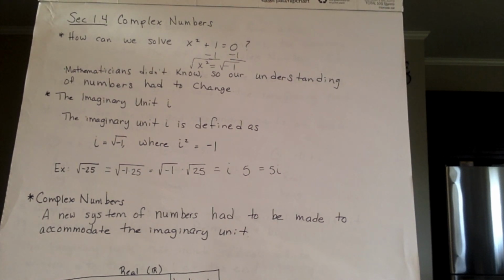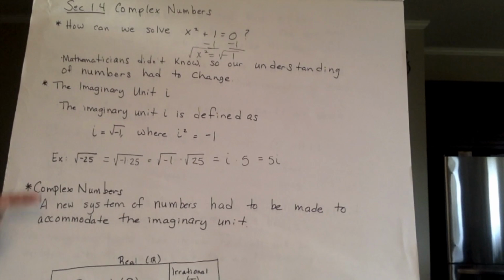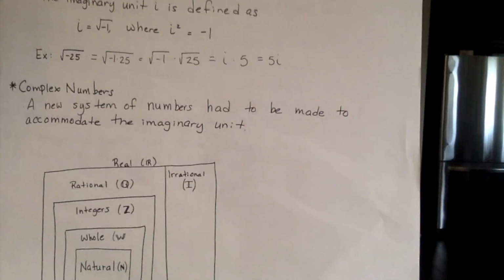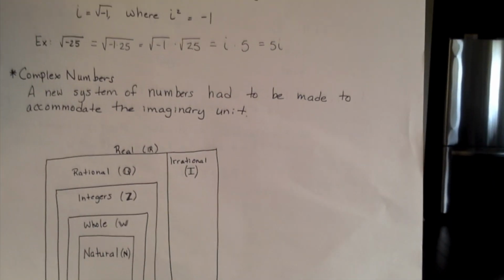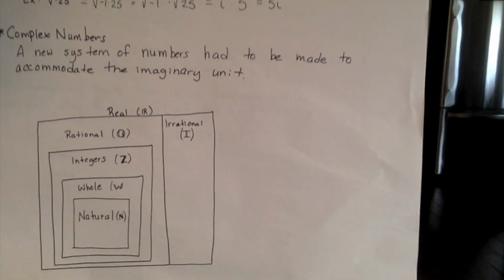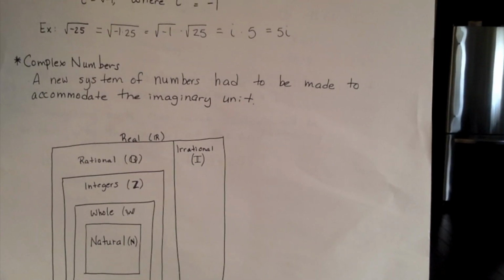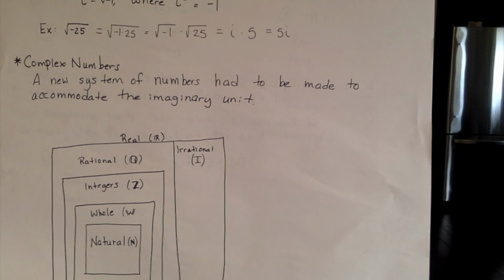Okay? So then we expanded our number system now to include the imaginary numbers. So they're called complex numbers. So I'm going to slide this down, maybe. Okay, yes. So complex numbers had to be this new system of numbers to accommodate the imaginary unit.